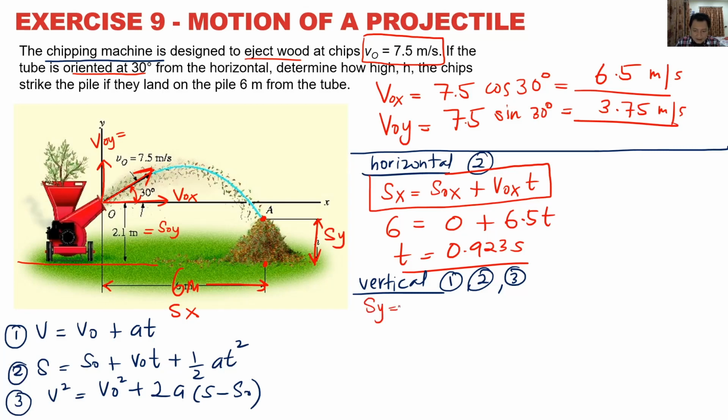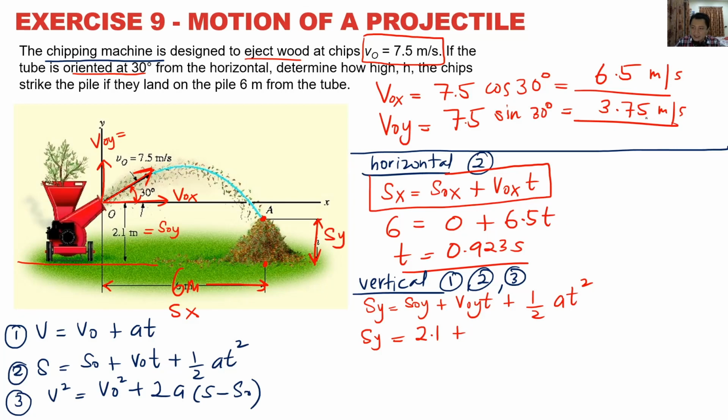Sy is S naught y plus V naught y t plus half at squared. Sy we don't know. S naught y, the original height, is 2.1.